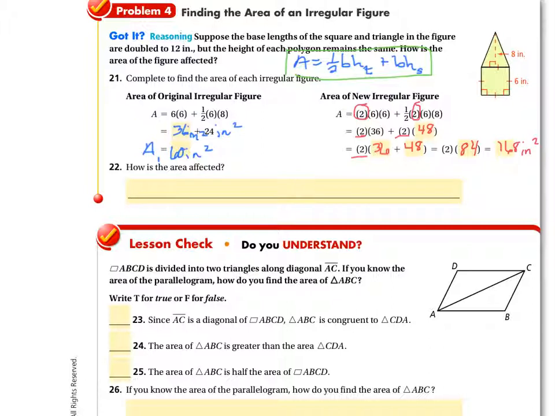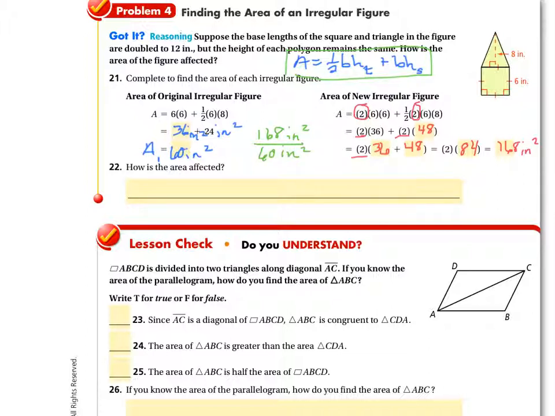So now compare the area of the original to the area of the new. How is the area affected? It's not twice as big, is it? So let's take, we'll call it our image versus our pre-image. Let's take our image, which is 168 inches squared, and divide it by 60 inches squared.